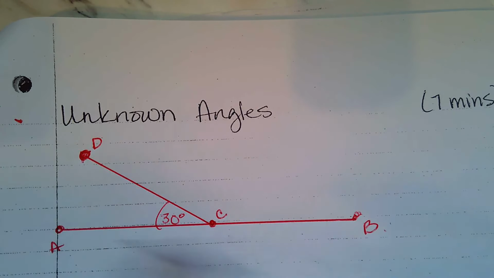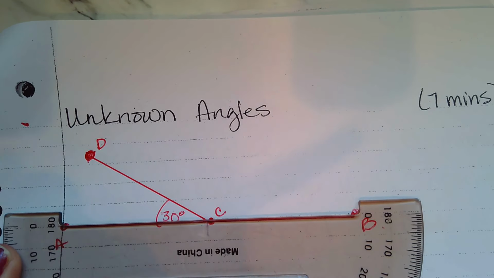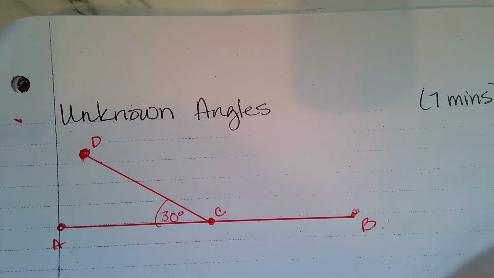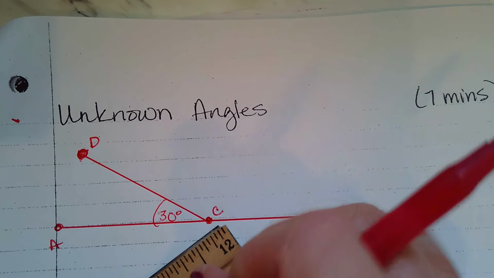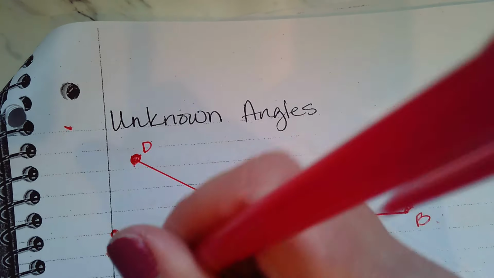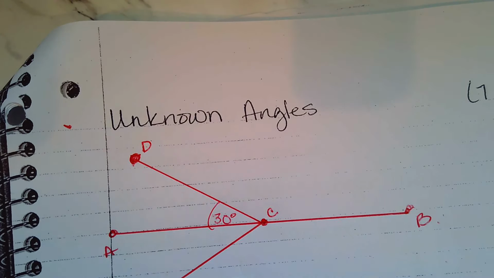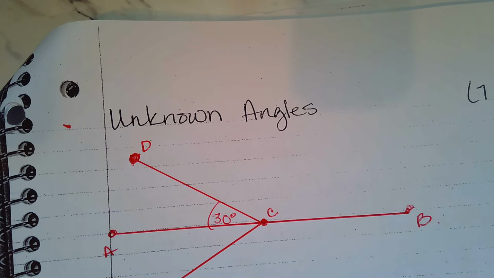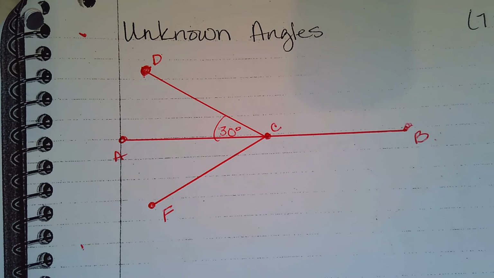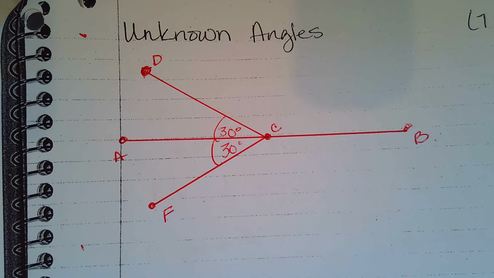So we could measure it this direction. And we're going to label that F. Now, if this is 30 degrees and this is 30 degrees, what would a line that is perpendicular be?